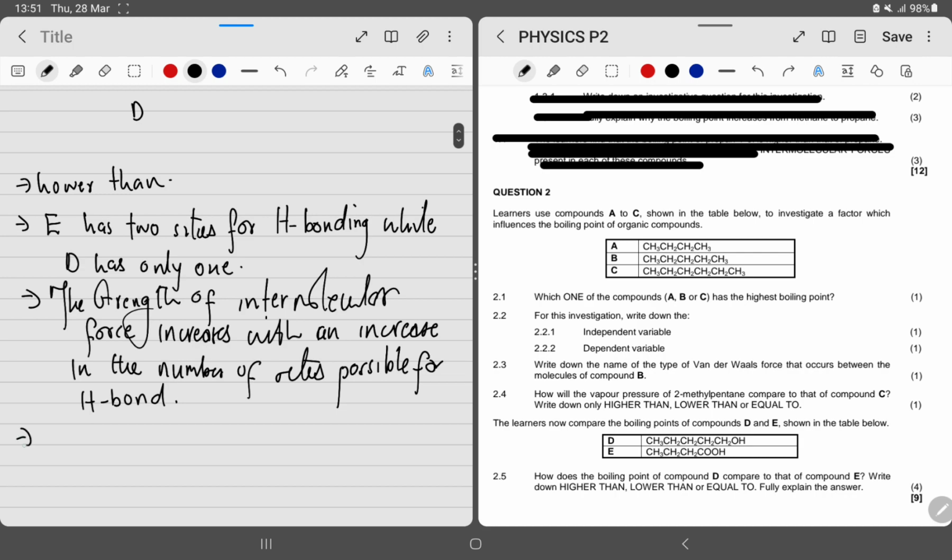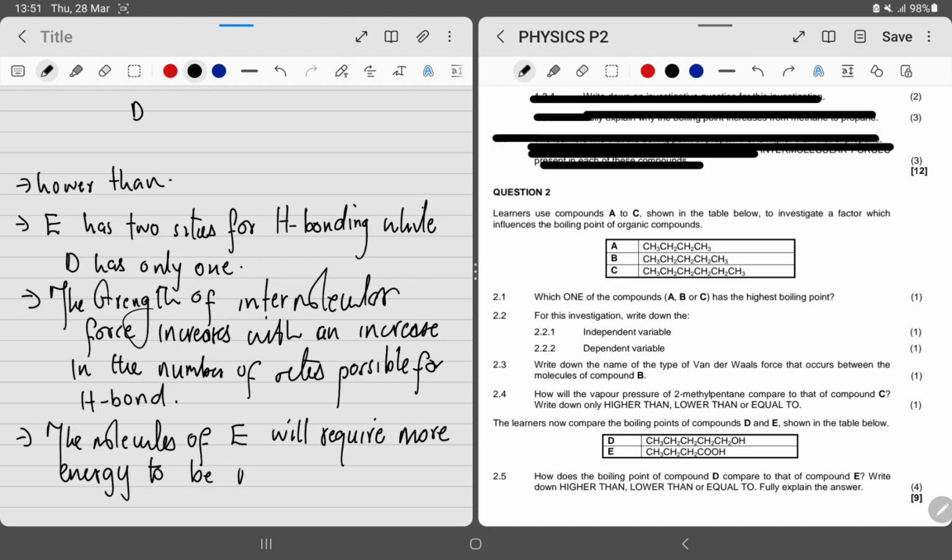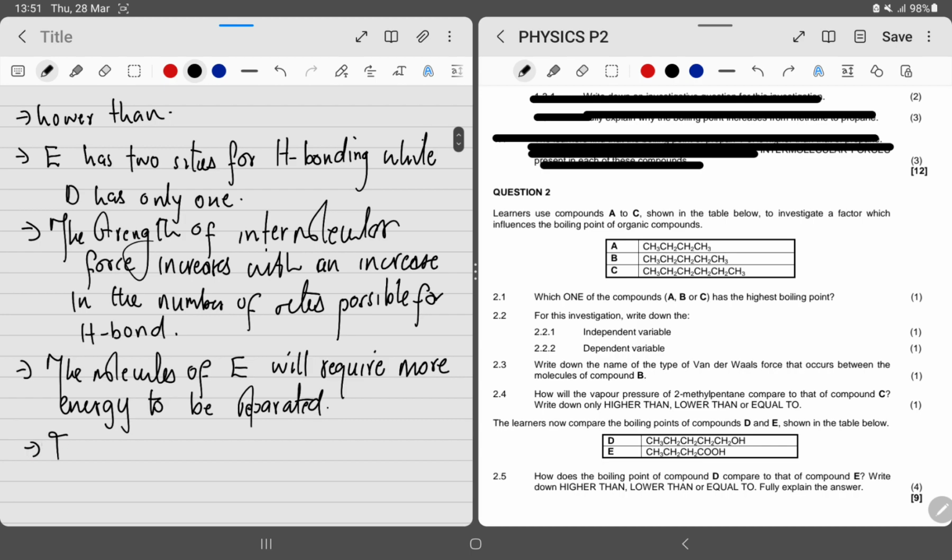So this simply means that the molecules of E will require more energy to be separated. Thus, we'll have a higher boiling point.